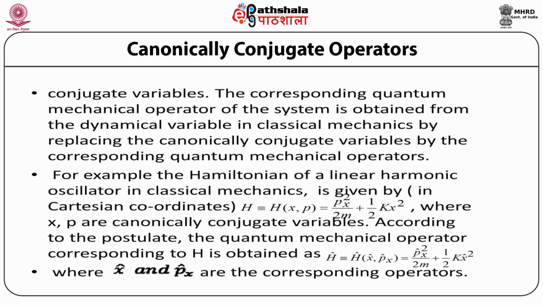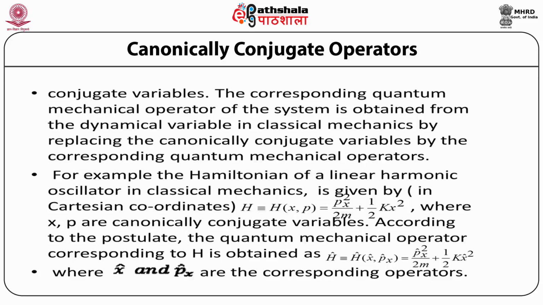Canonically conjugate operators. Now, coming back to postulate 4, let us consider a dynamic variable, say the Hamiltonian of the system, which in classical mechanics is a function of canonically conjugate variables.